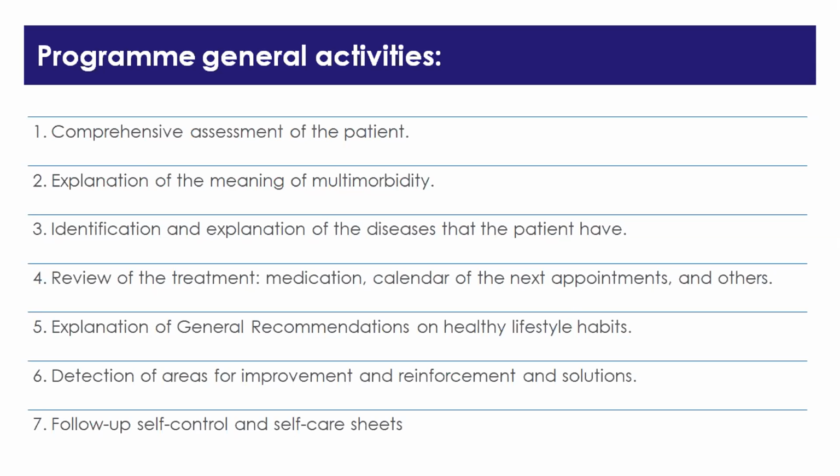This is an activity that is defined. Then the idea is to explain the prevalent diseases of this patient. Imagine that this patient has diabetes, hypertension and heart failure: they will focus on these 3 diseases, and they will explain them.